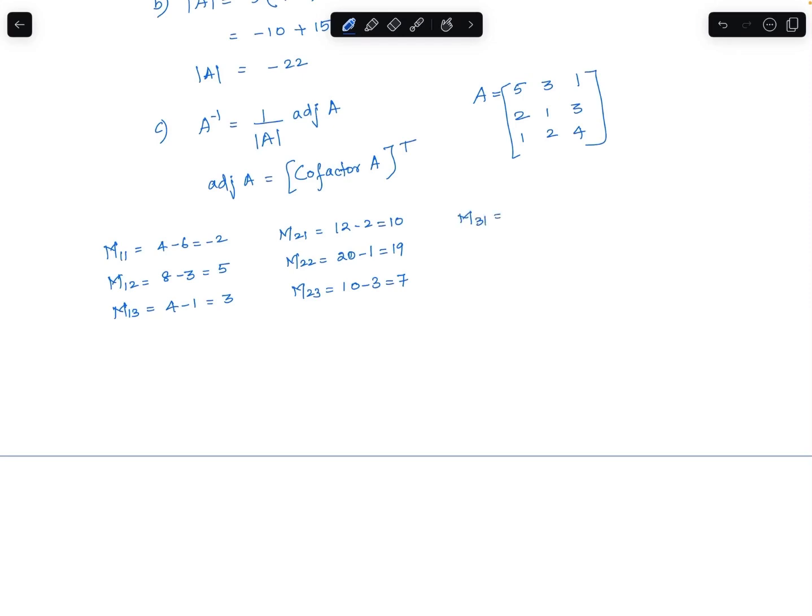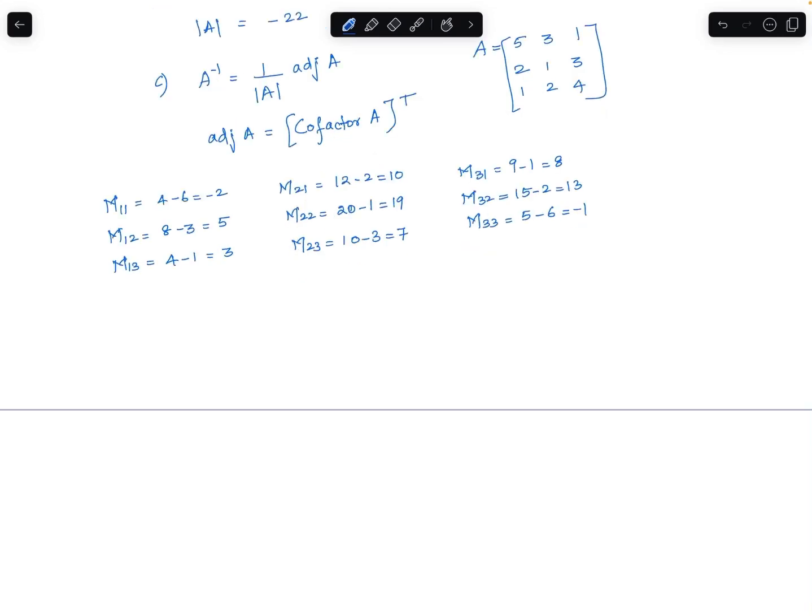M31 is 9 minus 1, that is 8. M32 is 15 minus 2, which is 13. M33 is 5 minus 6, which is minus 1.